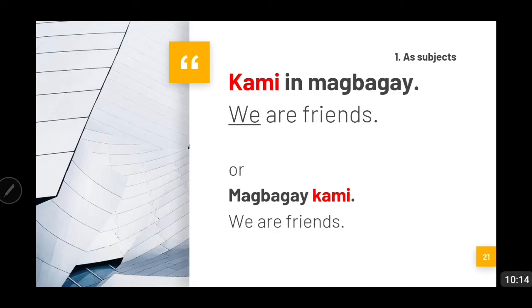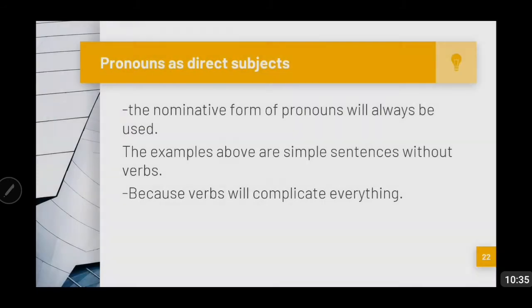Okay, kami in magbagay. Another example, kami in magbagay. So we have the pronoun kami, which is plural form, second exclusion. Kami in magbagay, we are friends, or magbagay kami, we are friends. Both are nominative pronouns and they are the subjects.